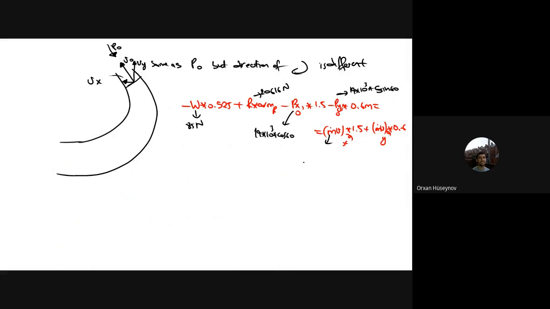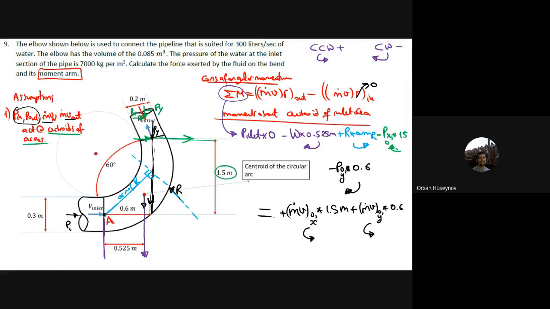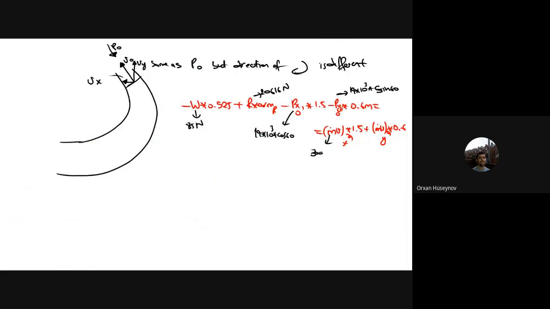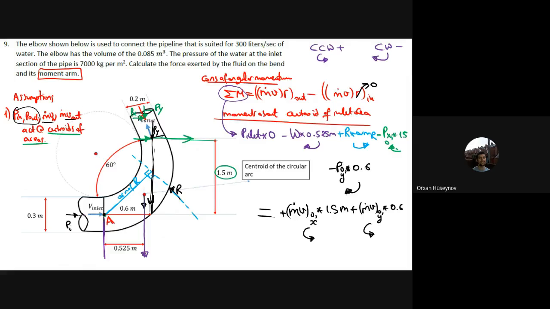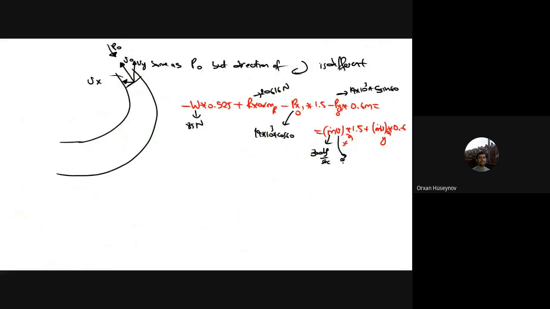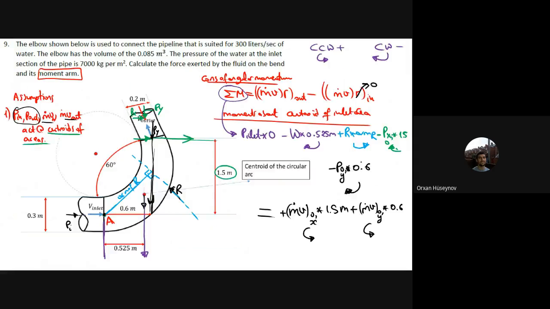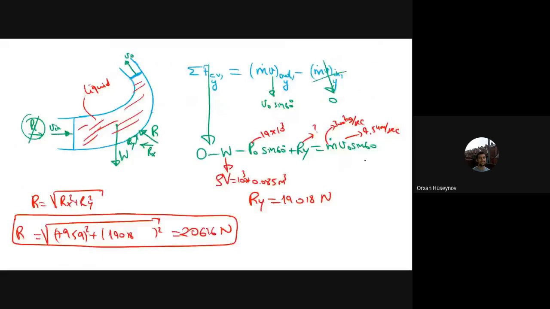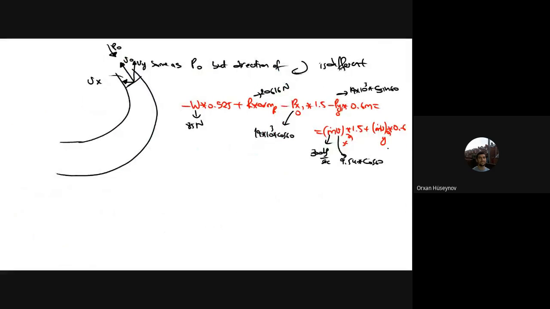And the mass flow rate for this question is equal to 300 kilograms per second, and the velocity in x direction at outlet will be 9.54 multiplied with cosine 60, and similarly here it will be 300 multiplied with 9.54 sine 60.